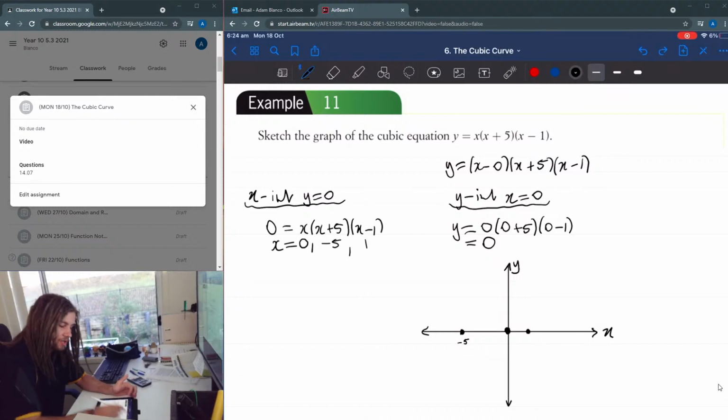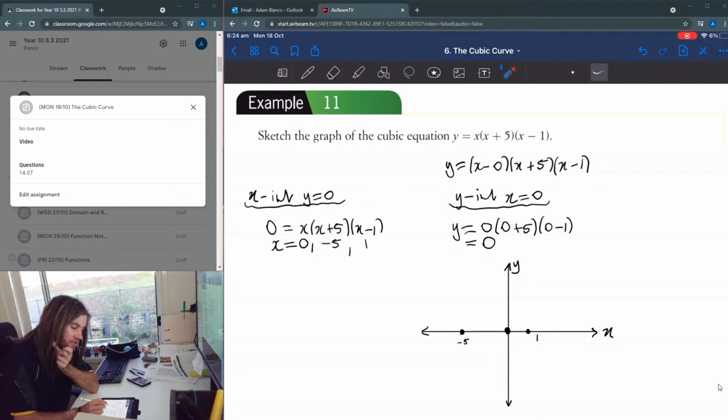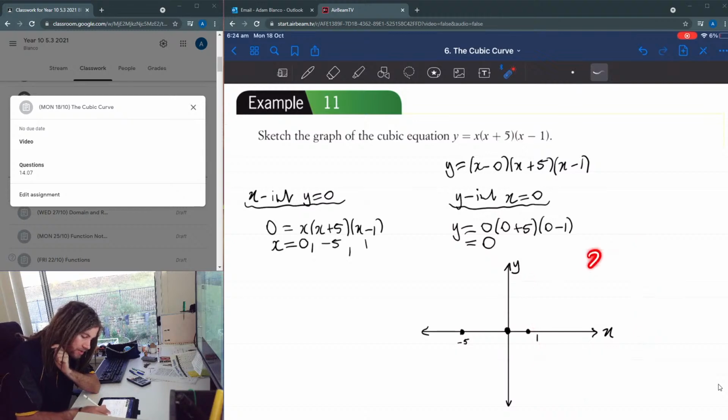Okay, so kind of the skill in here is determining how I'm going to draw this thing given all these points. Because it's a cubic, that means it turns one less than the power it is. So with the parabola, it's x squared. It turns once. In other words, it looks like this. That's where it turns. With an x cubed, it can turn twice. In other words, the cubics we saw were kind of like this, right?